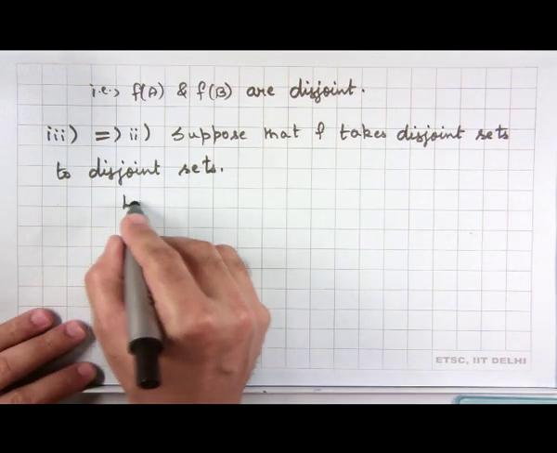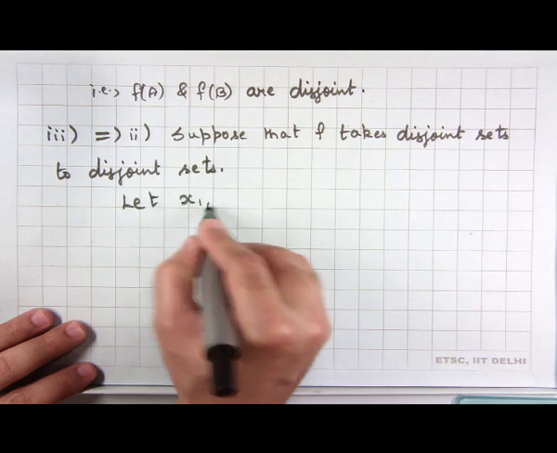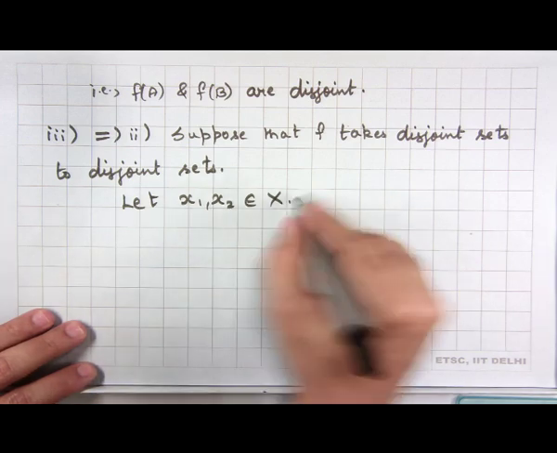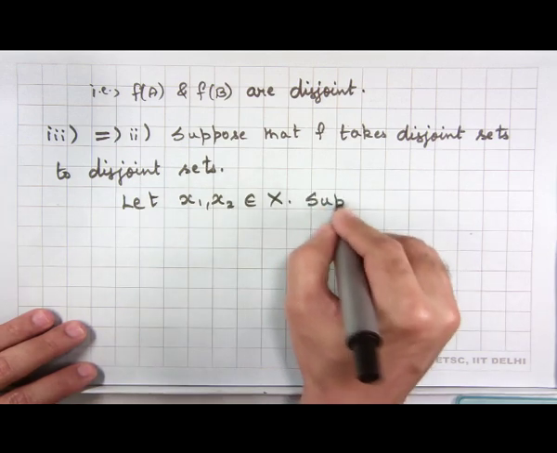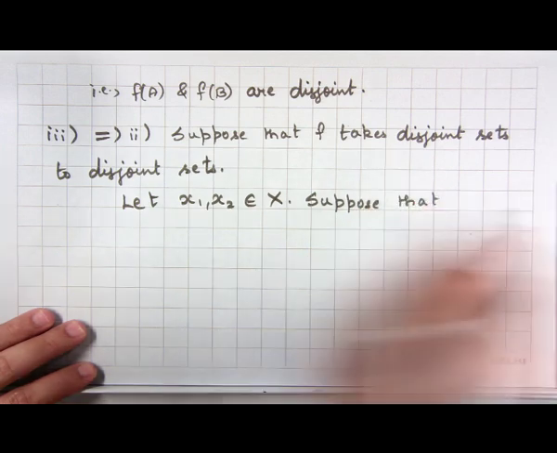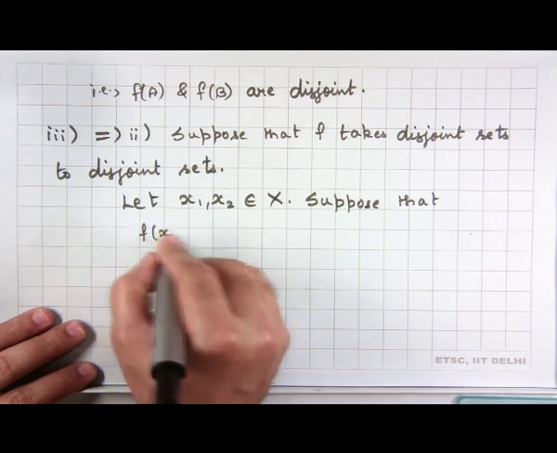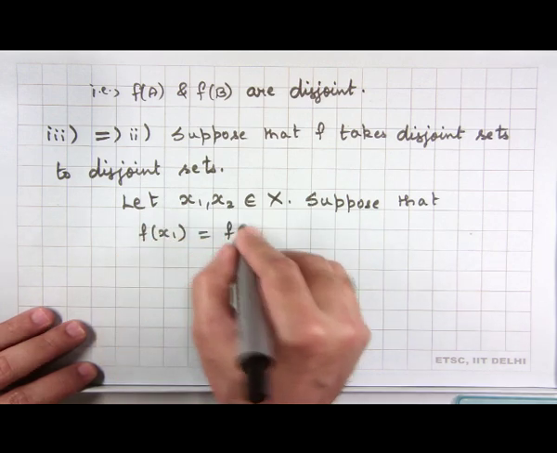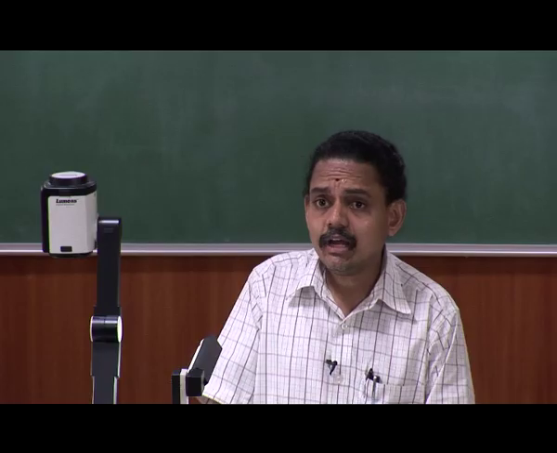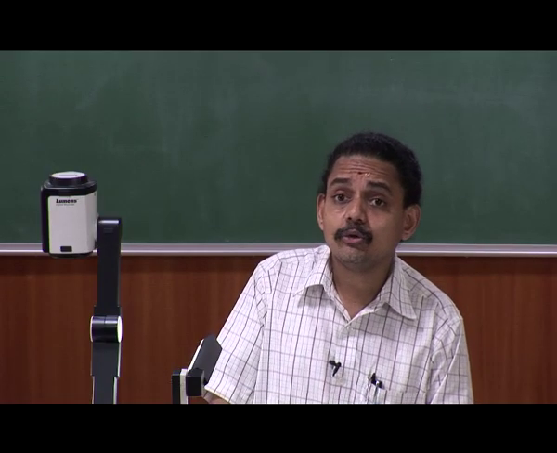So, let x1, x2 belong to the set X. Suppose that f of x1 equal to f of x2. In order to show that f is 1-1, what we will have to show is that x1 equal to x2.